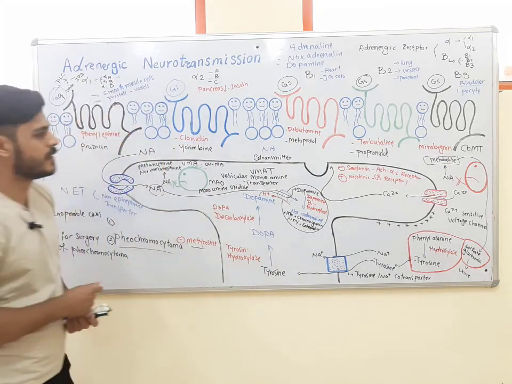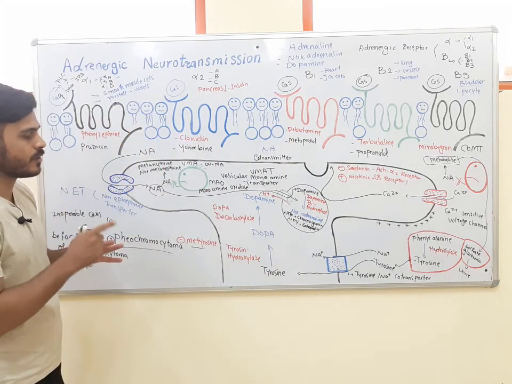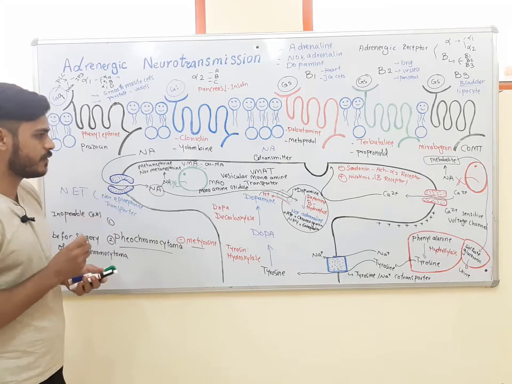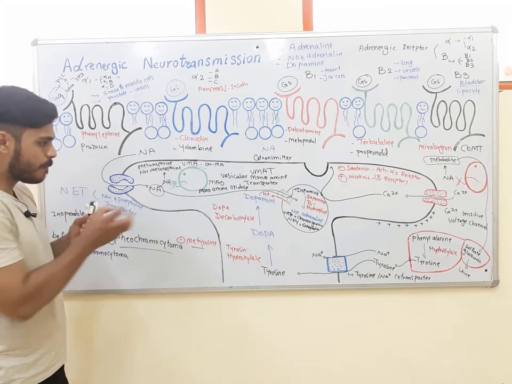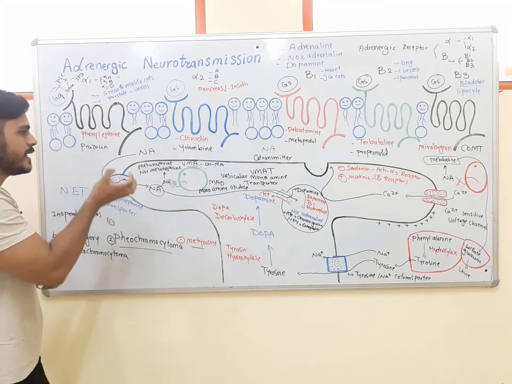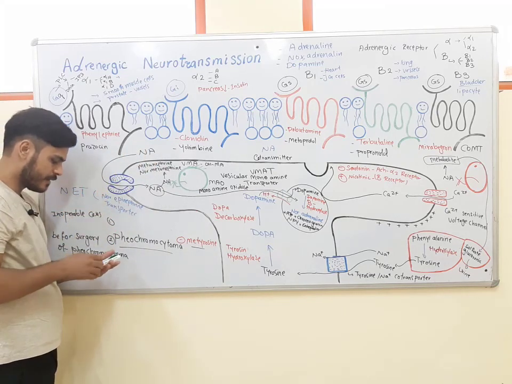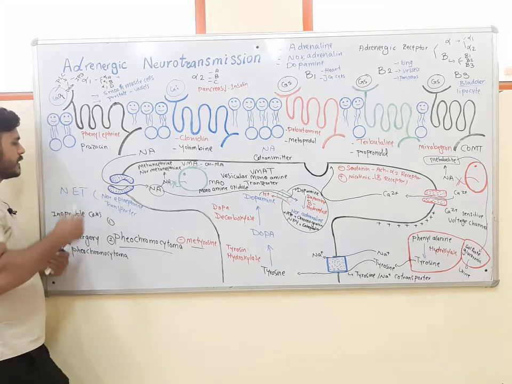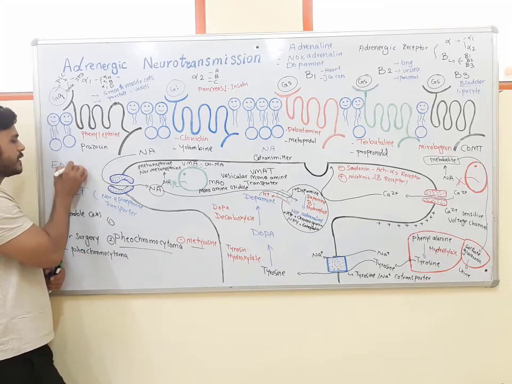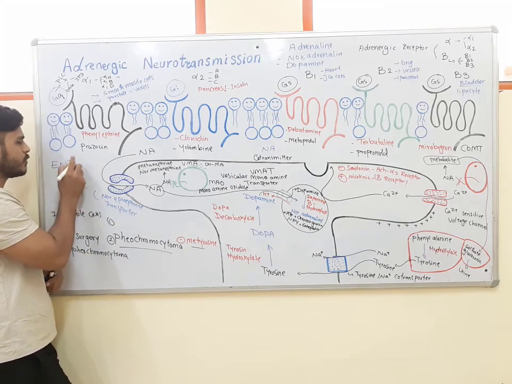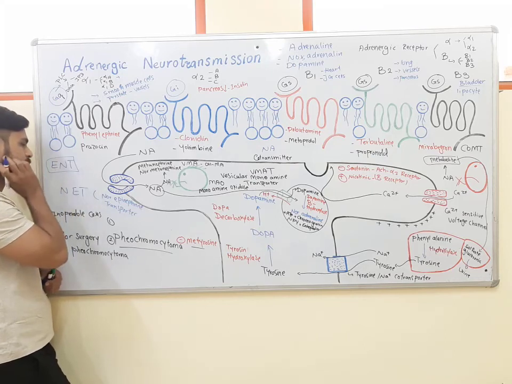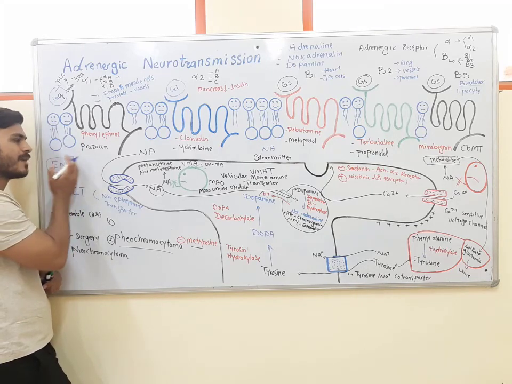Another strategy for terminating the action of noradrenaline is uptaking of these noradrenaline by adjacent neuron. We have one transporter which is ENT, extraneuronal transporter. This extraneuronal transporter is located on the adjacent or neighboring neuron.